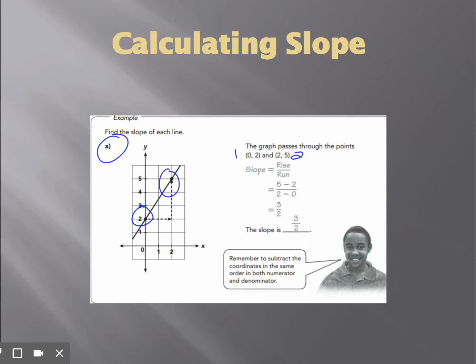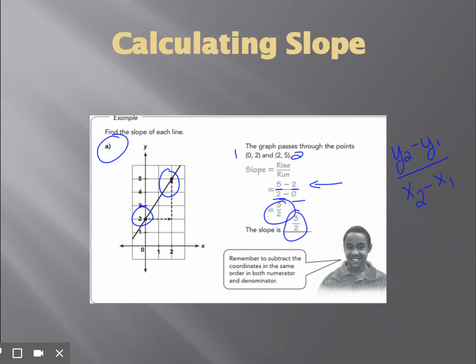So again, you should write this down as much as you can until it's committed to memory. The y from point 2 minus the y from point 1 divided by the x from point 2, subtracting the x from point 1. So that's the y from point 2 is 5, then from point 1 is 2, the x from point 2 is 2, minus 0, and they would get a slope of 3/2.